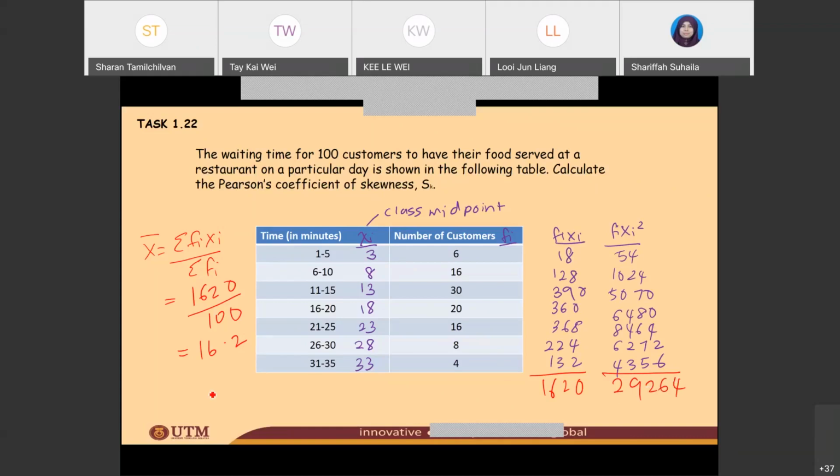So again, your S square is 1 over total Fi minus 1, so 99, times summation 29264 minus 1620 square divided by total Fi, which is 100.